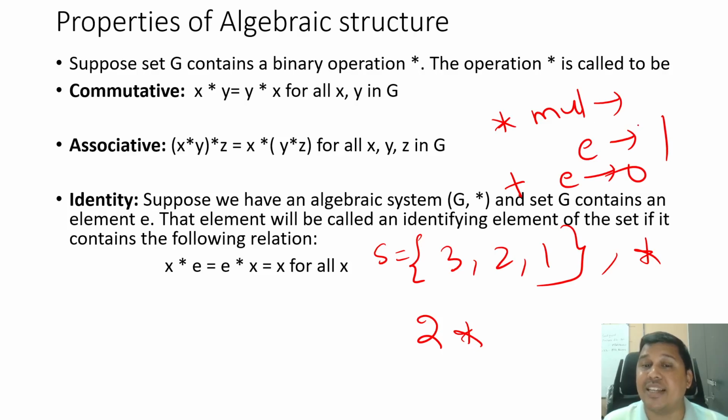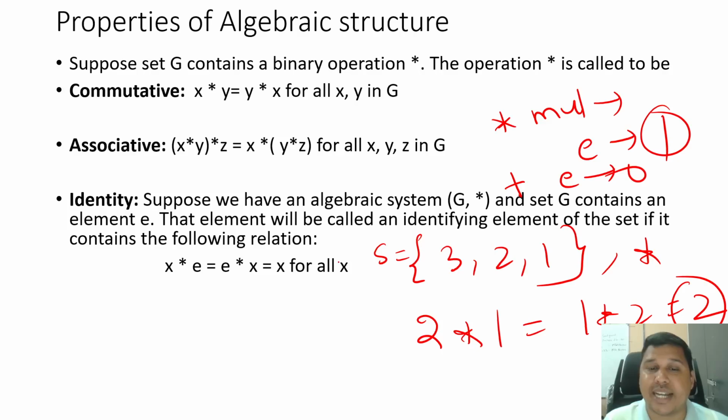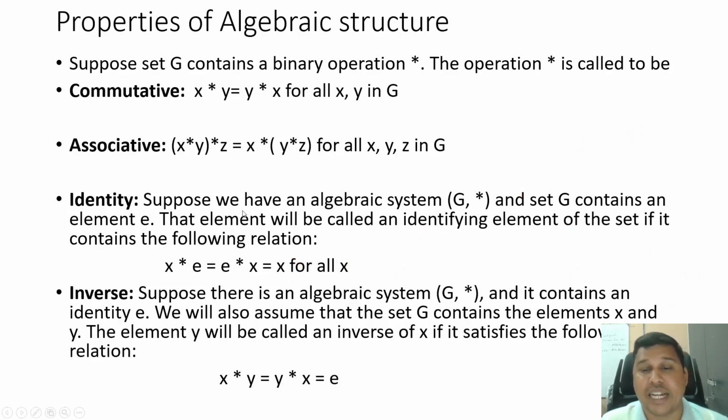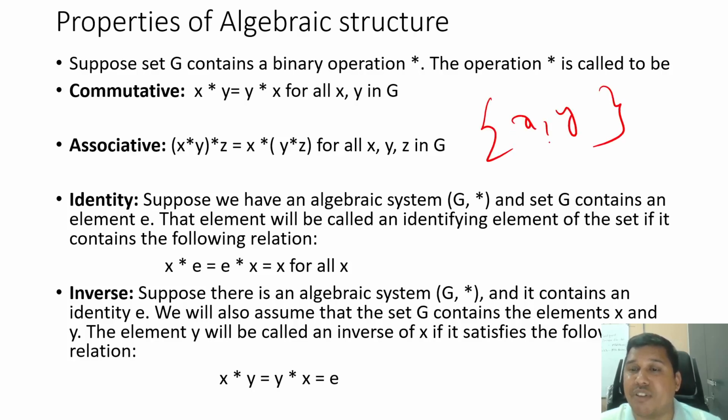For multiplication, what is the identity element? 1. 2 into 1 is equal to 1 into 2, which is equal to 2, and this 2 belongs to set X. So if you take any random element from the set, based on the operation, the identity element should yield the same element x. Next is inverse. If you choose an element x and its inverse y from the set and apply that operation, it should always yield the identity element.